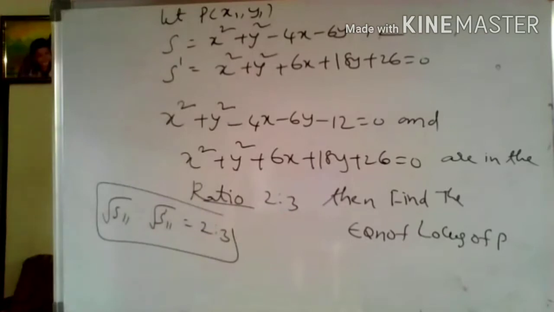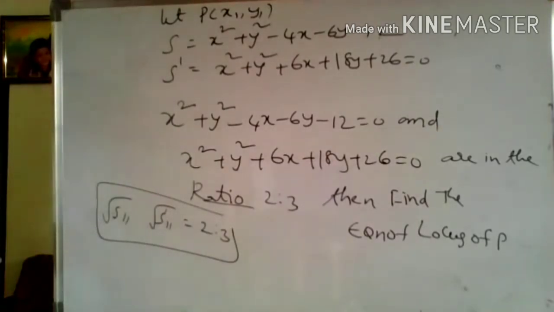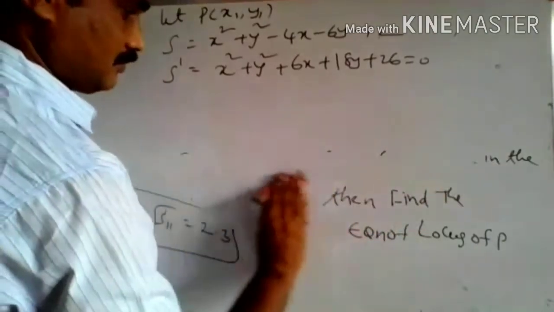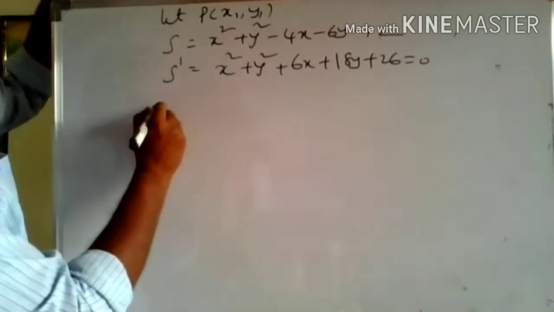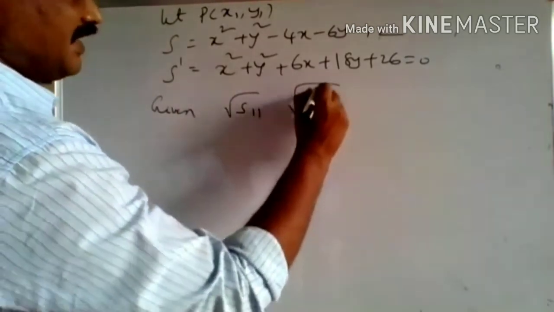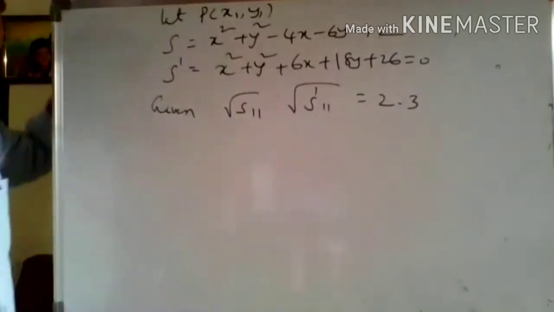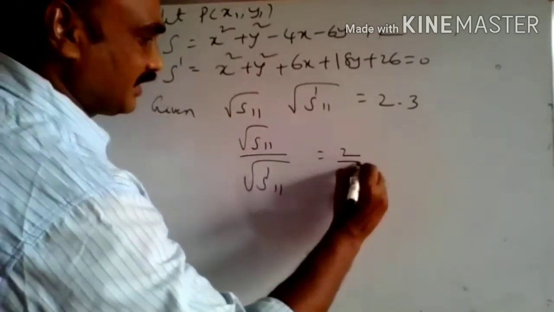So the given condition is root S11 by root S dash 11 is equal to 2/3.